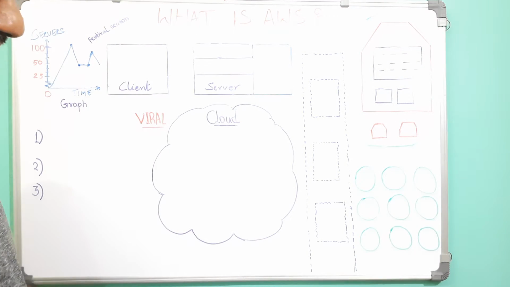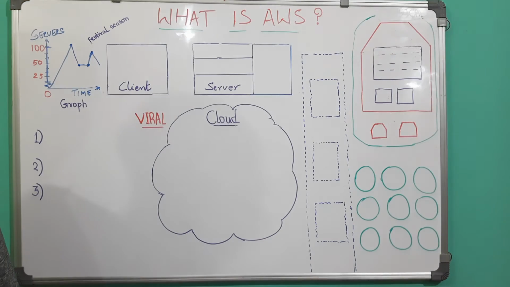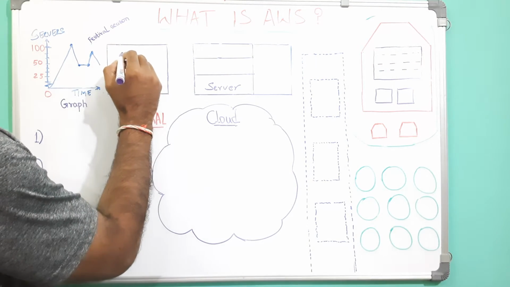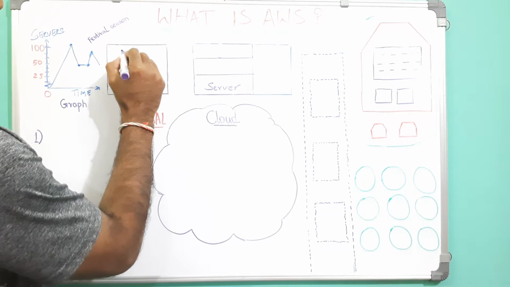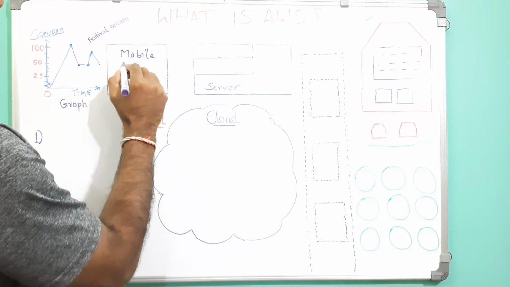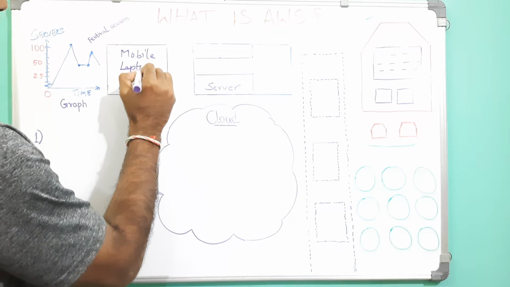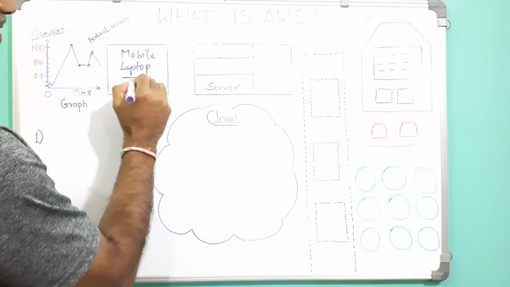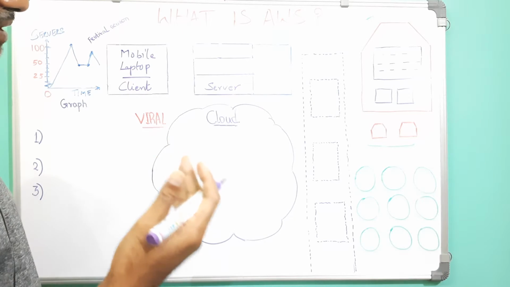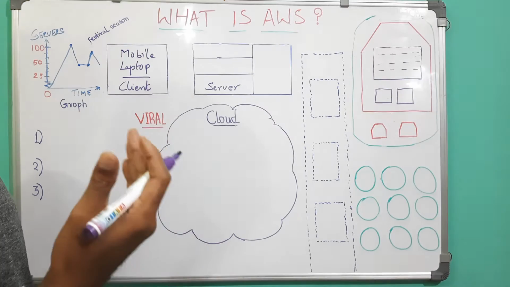So, essentially, any internet based business is a client server communication. So, let's say you have a customer who is using a client like a mobile or a laptop, which will be the client, and basically you are actually watching this video on YouTube.